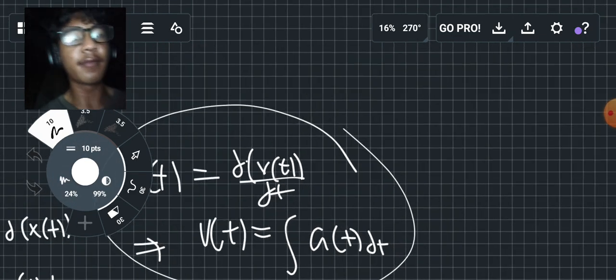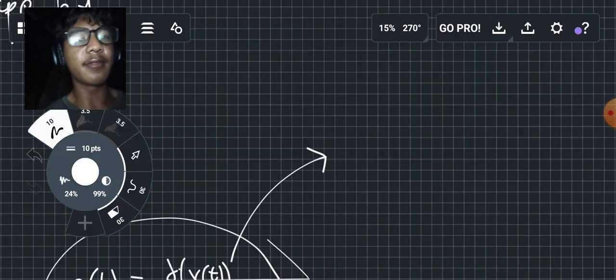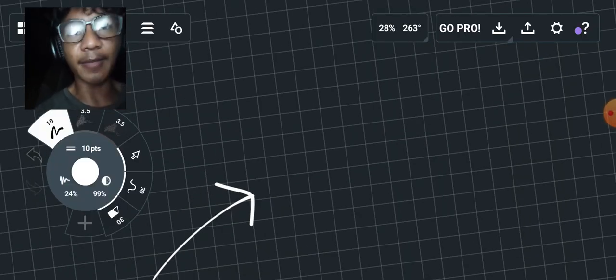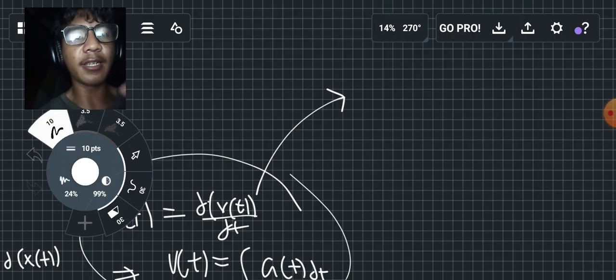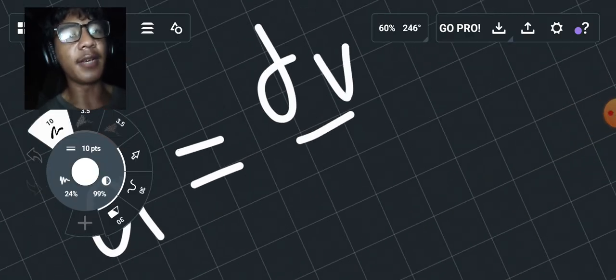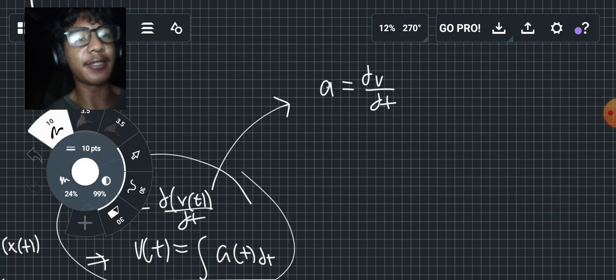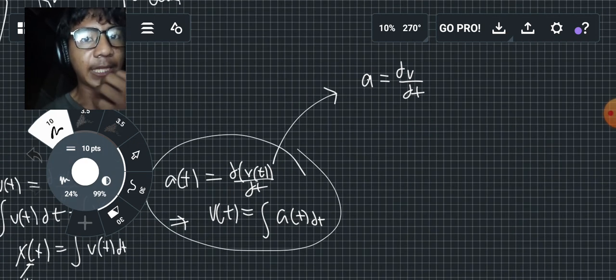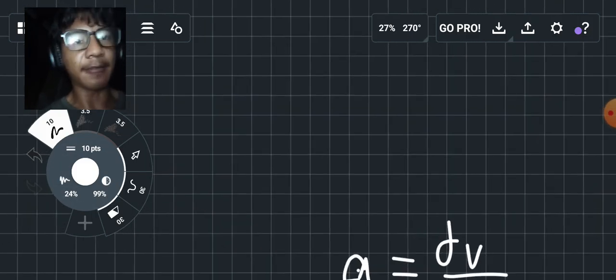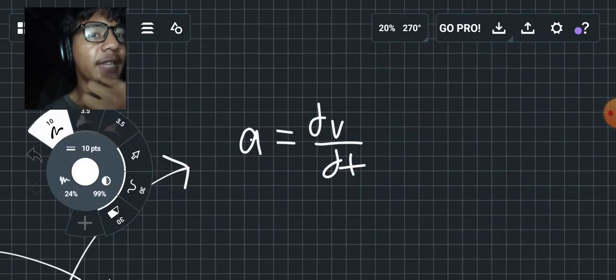So what if we could just do it with mathematical tricks, and I'm not gonna pull up a of t every time. I'm just gonna write it as a equals dv by dt. Okay, that looks better. But here we don't want time in. We want to be time independent. But how do we do that?